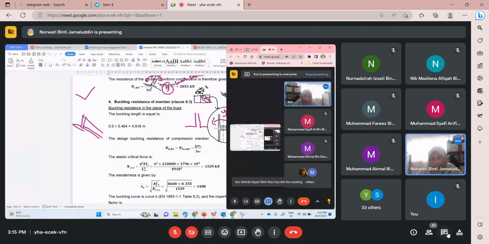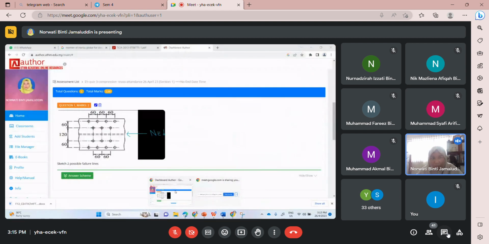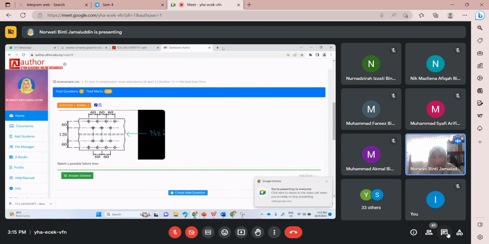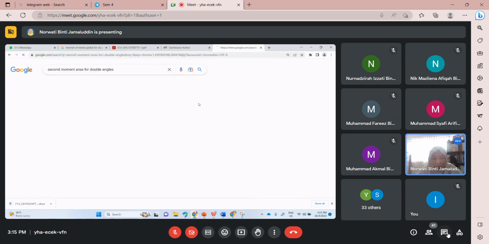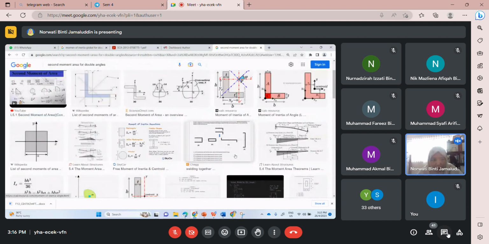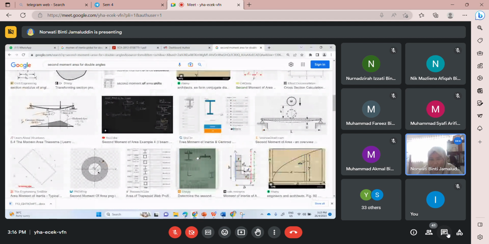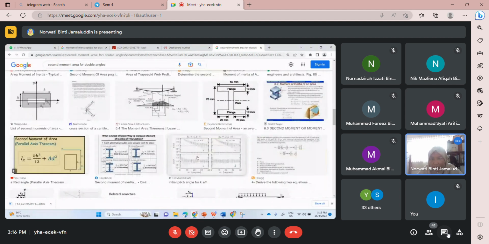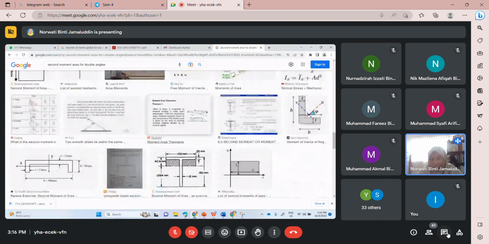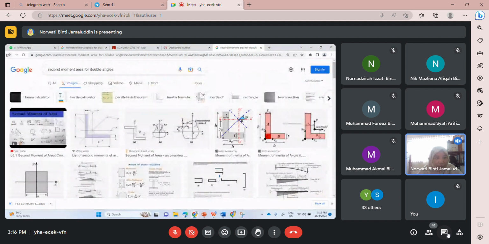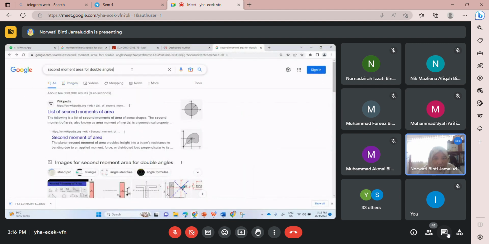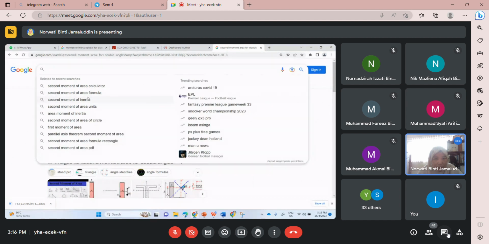Maybe I can find some figure image. Tadi saya cari ada. Tadi saya buat revision sikit tadi ada. Tak jumpa pula. This one.